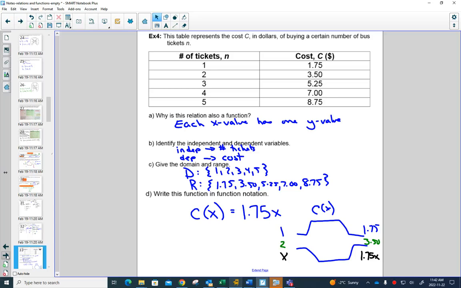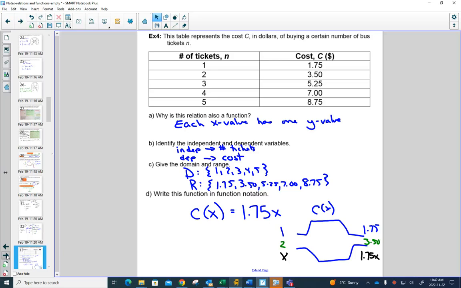And then it opens up different kinds of questions. Like if you have this, do you think it's possible to sell 6 tickets? We didn't include that in our domain. But sometimes if you're given an equation, maybe the table of values is just the beginning. So then we might ask, is the domain of this one all numbers? Could you sell 10 tickets?